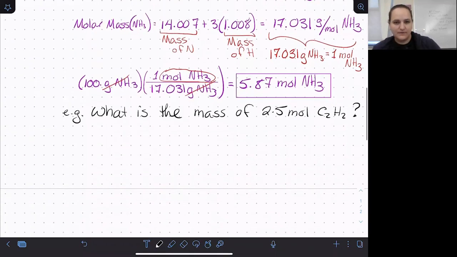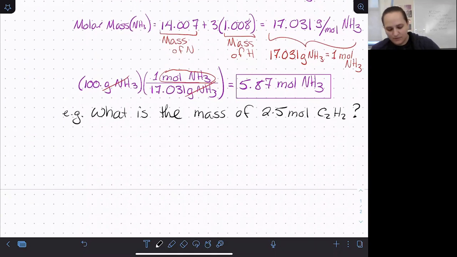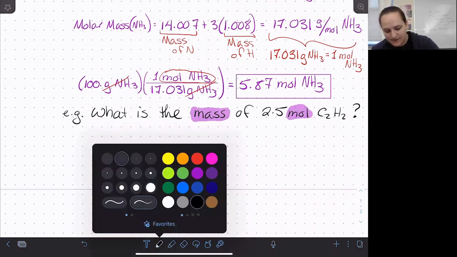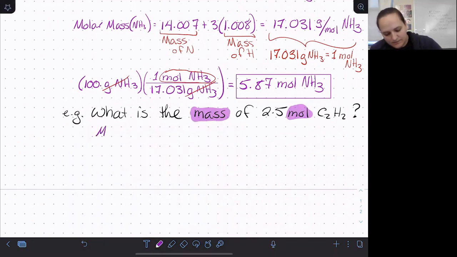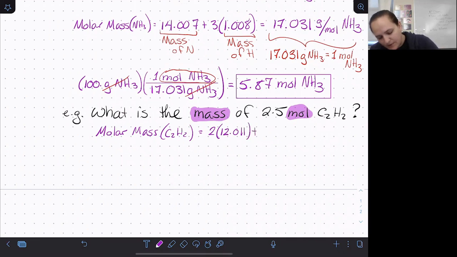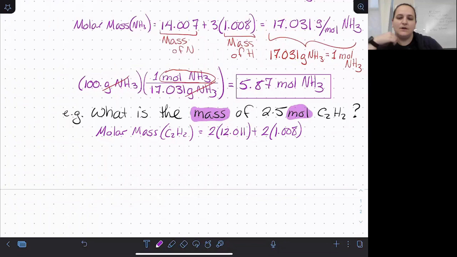So once again, we're doing a really similar process. We are converting between mass and moles, so we will need our molar mass. So the molar mass of C2H2 is going to be 2 times the mass of carbon from the periodic table, 12.011, plus 2 times the mass of hydrogen from the periodic table, 1.008.